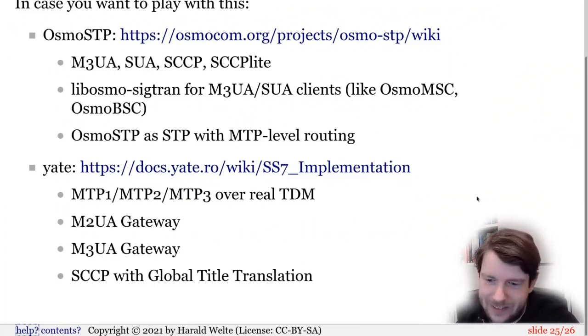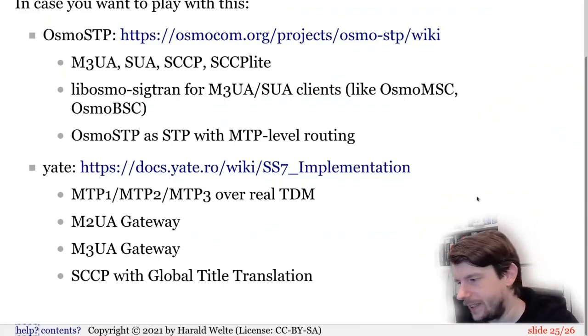If you have a license, then you can install the ITP IOS image on that and also play with the non-open source implementation that has been widely used in production networks.